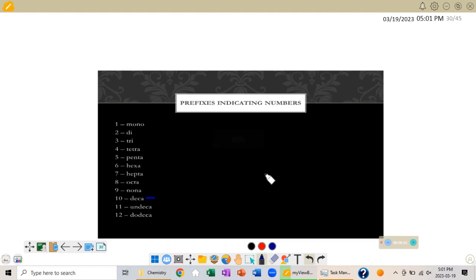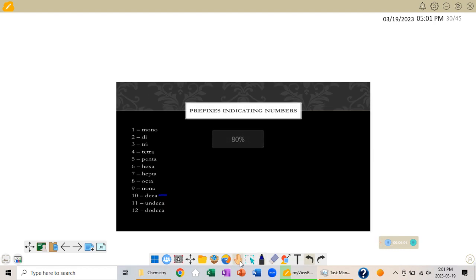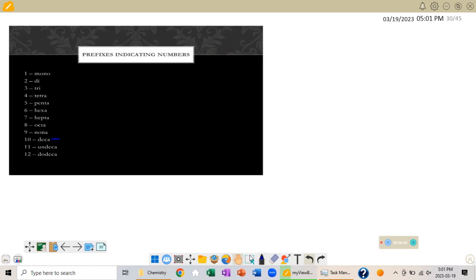So first of all, let's take a look at a couple examples here. What if I give you MgSO4 dot 7H2O. First thing I have to do is name the ionic compound.